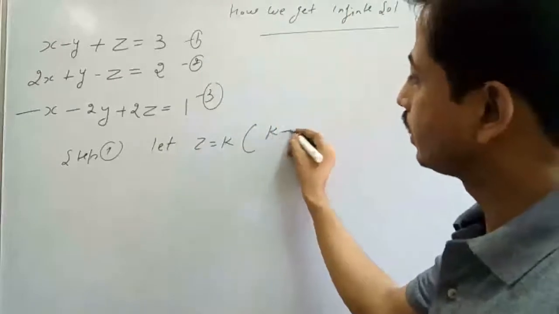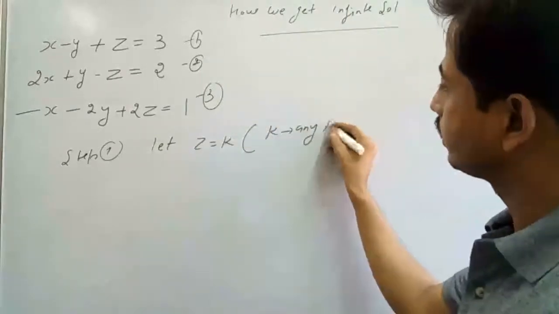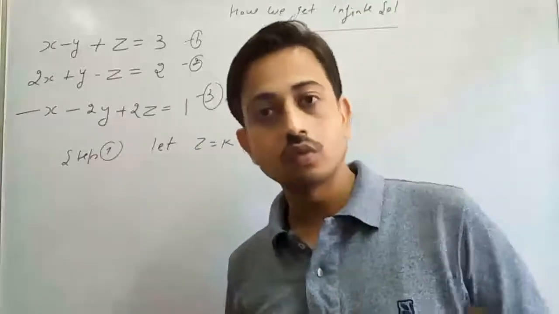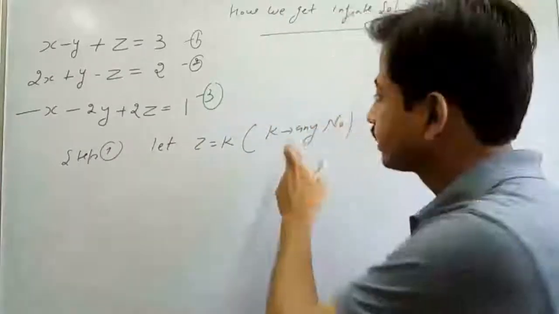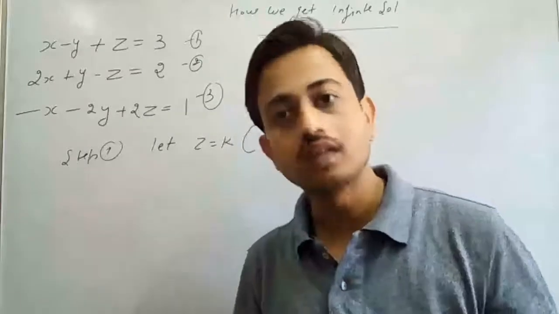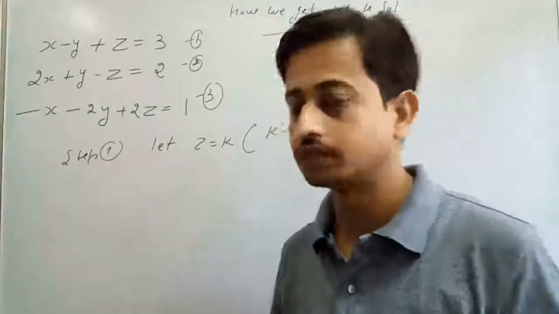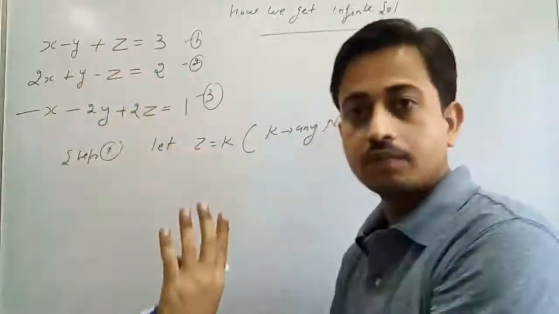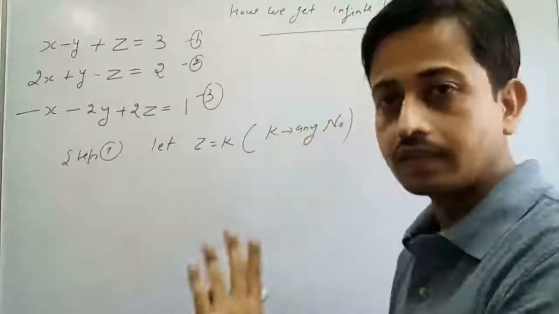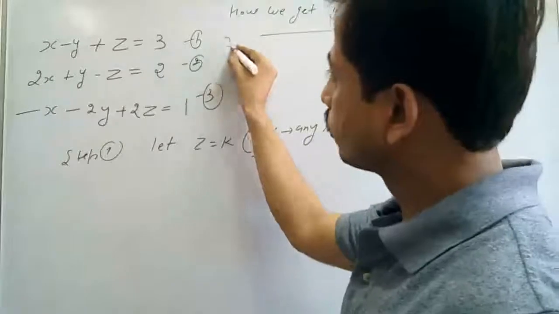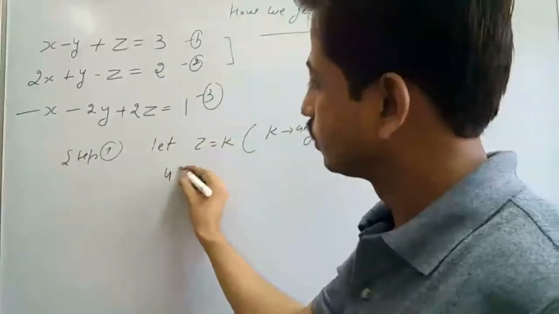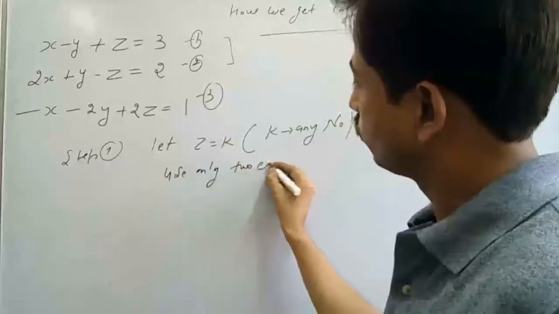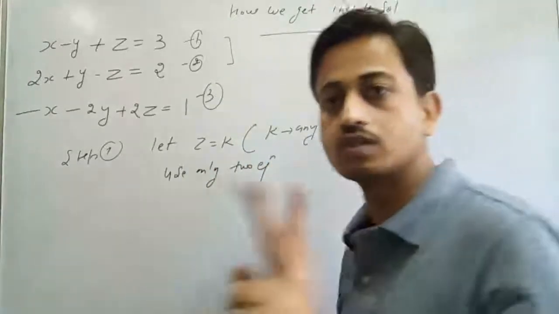K is any number, because we have to get infinite solutions. So the solution is in terms of k, and k is any number, so we get infinite solutions. So step 1 is to change any variable in terms of k and use only two equations. We have to use only the first two equations.